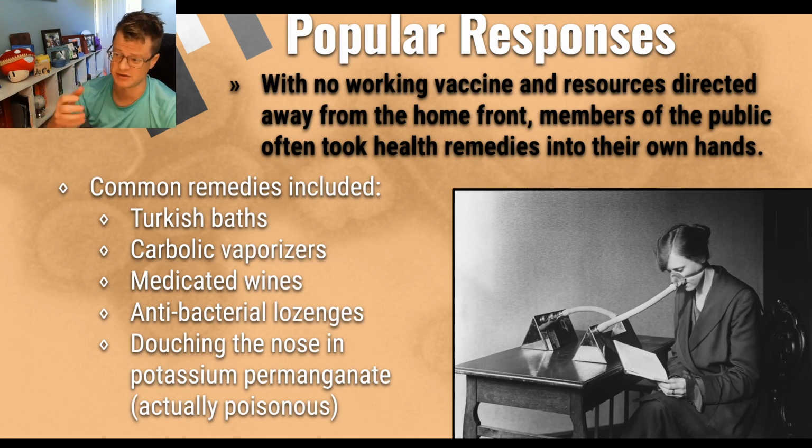Basically you're taking this potassium permanganate, this really deep purple colored liquid, and shooting it up your nose and into your throat. The crazy thing about it, though, is that it would kill you if you accidentally swallowed it. Again, just a list of very crazy, insane items that folks are trying.